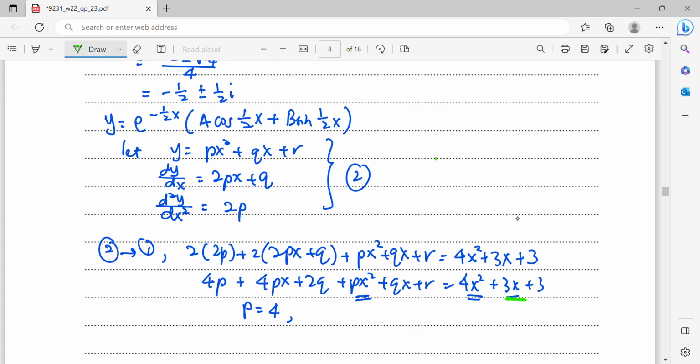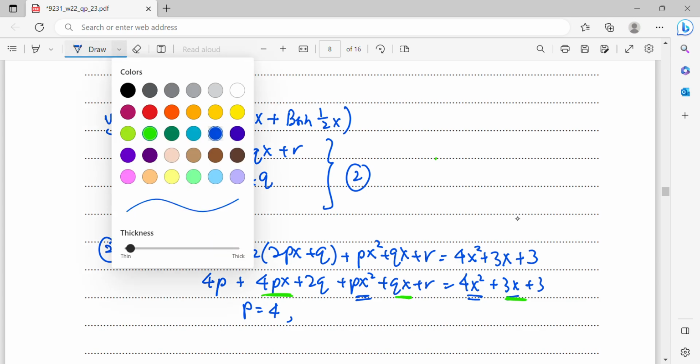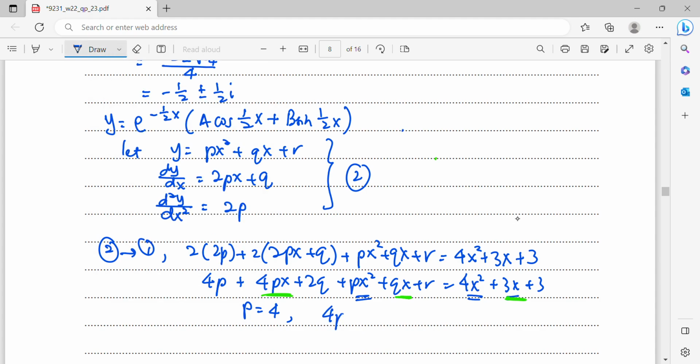Here is the x, so here is the x. That means I will get 4p plus q equals 3. So now your q will be 3 minus 4p. P is 4, so 3 minus 16, it will be minus 13.